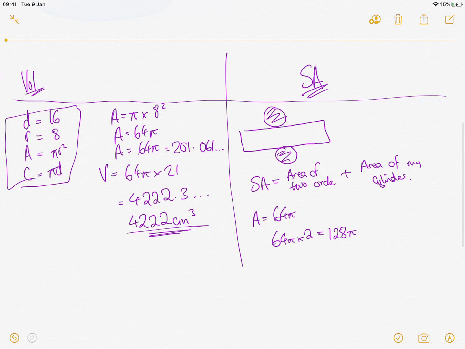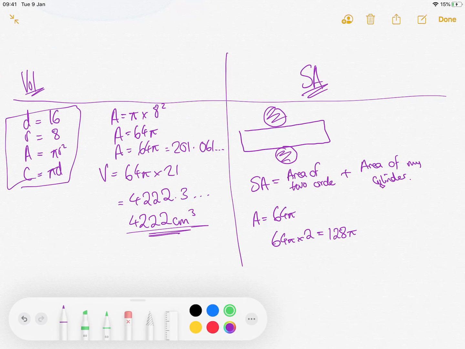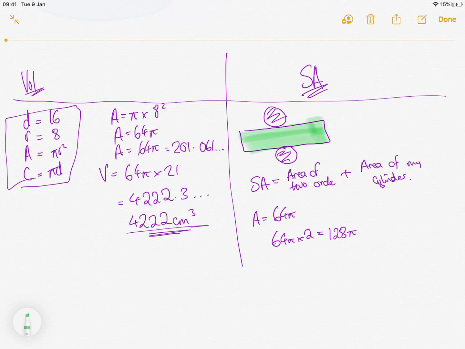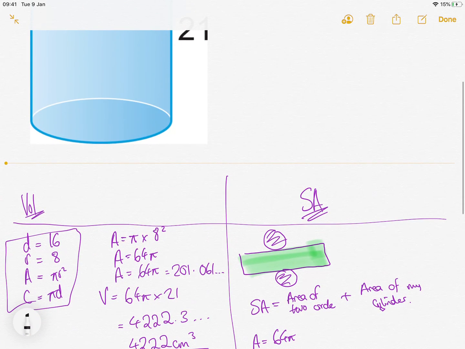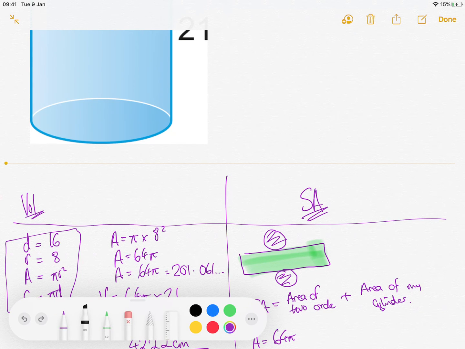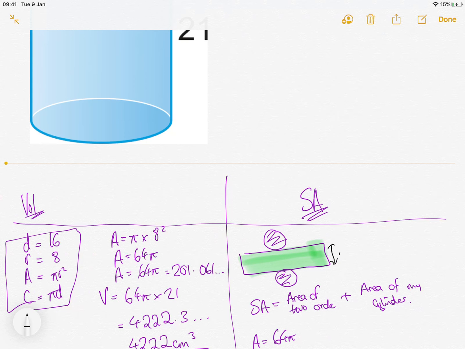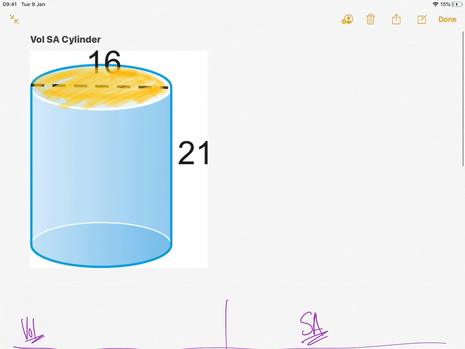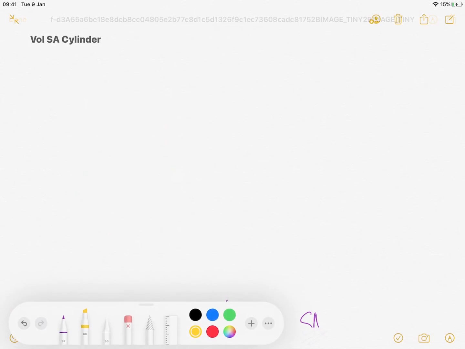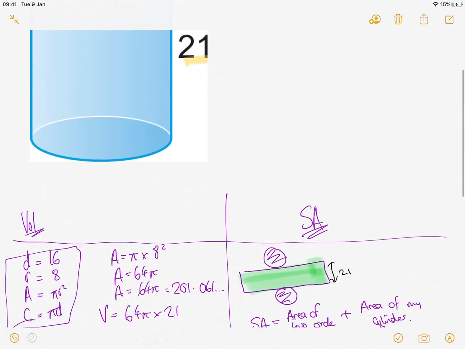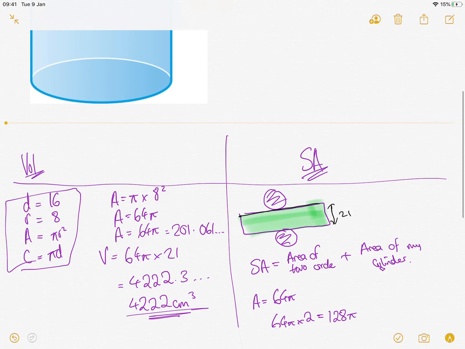So then I need the area of this rectangle here. Well, I know the height is 21. That length there is 21 because it says it in the question here. The length that's harder to see, or we're going to need to do some working out for it, is that length there.